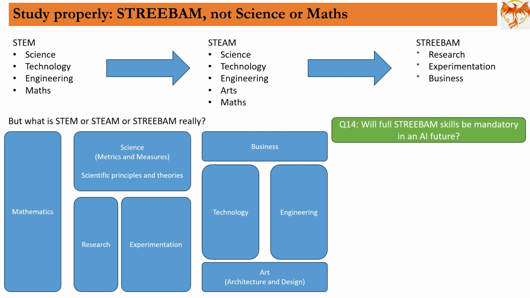So probably human enterprise would shift into those areas. So that is where I'm posing a question. Does full stream skill look like a mandatory capability in an AI future that you would develop within students?